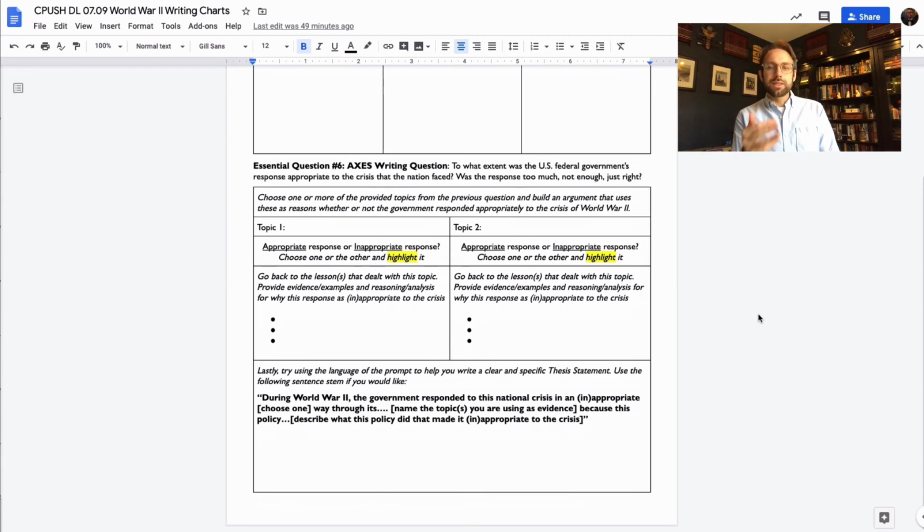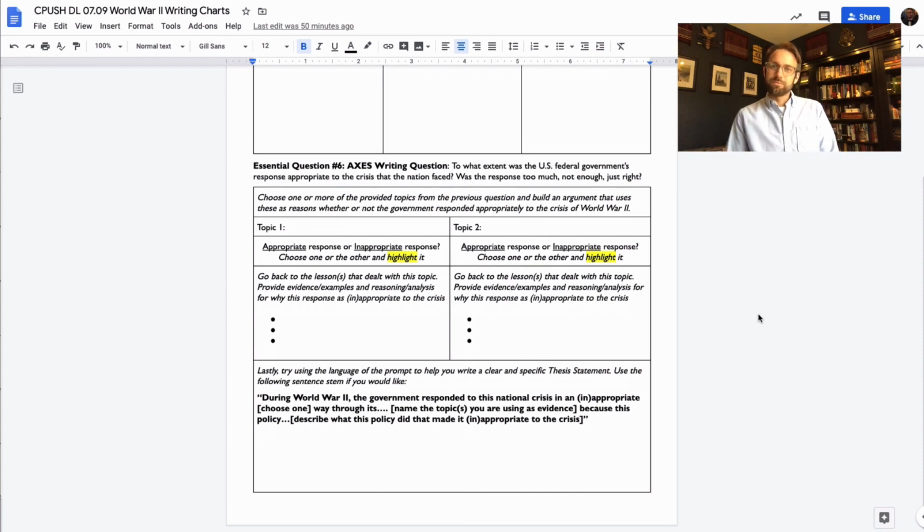Because this policy, and then tell me what that policy did that made it appropriate or inappropriate. So notice, you have to answer the prompt directly. You have to provide at least 1 topic that made it appropriate or inappropriate, and describe what about it was appropriate or inappropriate, all in 1 contained sentence, and you'll be good to go.